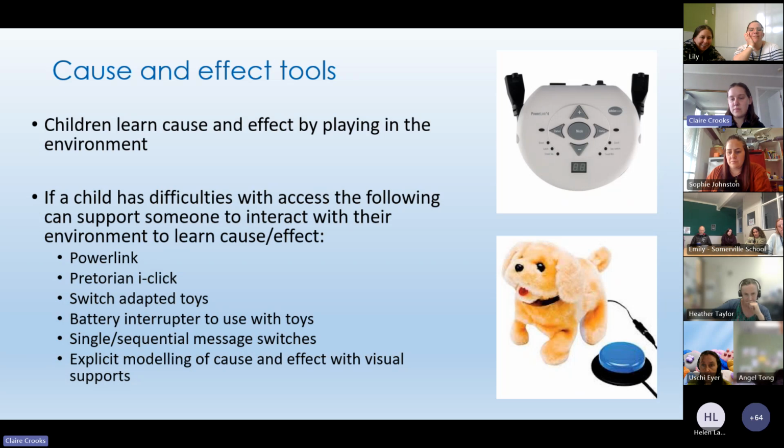And single switches, step-by-steps, are really helpful as well to make someone do something rather than it being a toy or a piece of technology. And just kind of explicit modeling cause and effect with like a go visual as well are really helpful.